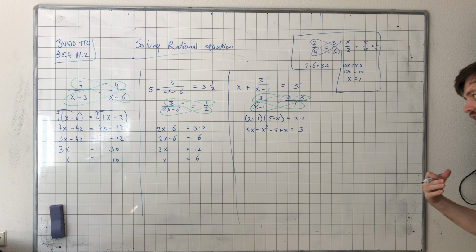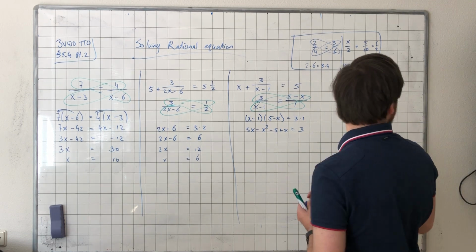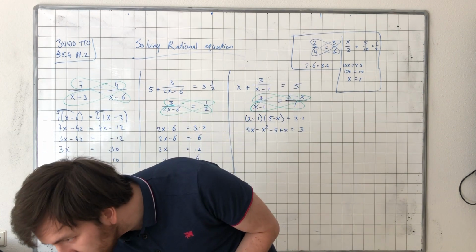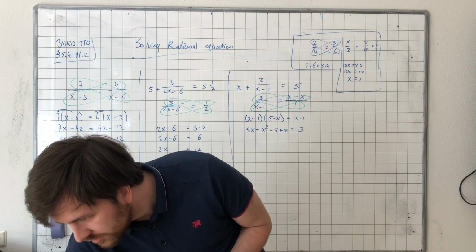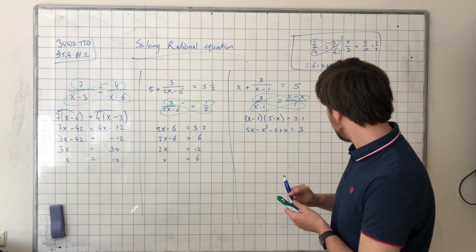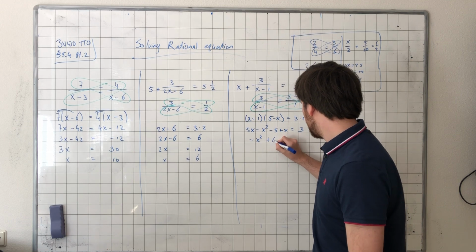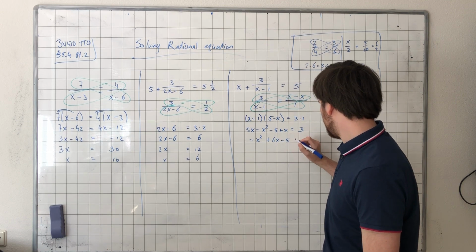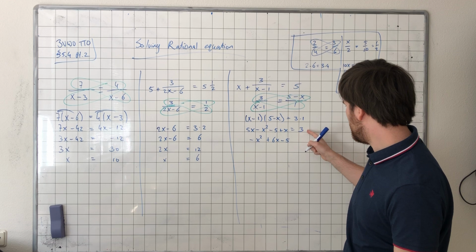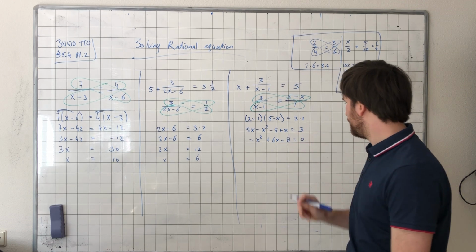So we're actually getting a quadratic equation, which was not supposed to happen, but those things happen. So now we're going to simplify this a little to x squared plus 6x minus 5, no, not minus 5, I'm going to remove this 3 as well, so minus 8, it's equal to 0.